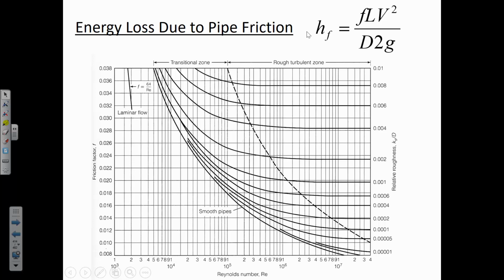P1 divided by gamma plus Z1 plus V1 squared divided by 2g is equal to P2 divided by gamma plus Z2 plus V2 squared divided by 2g plus H sub L. And so we'd put that estimation of head loss into the energy equation and then see what is the actual velocity based on that initial guess.